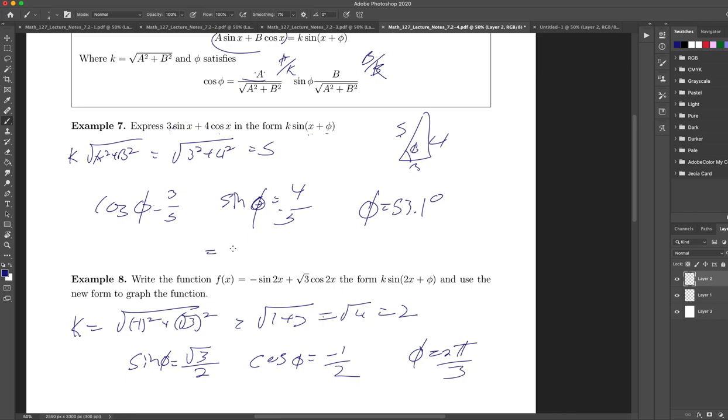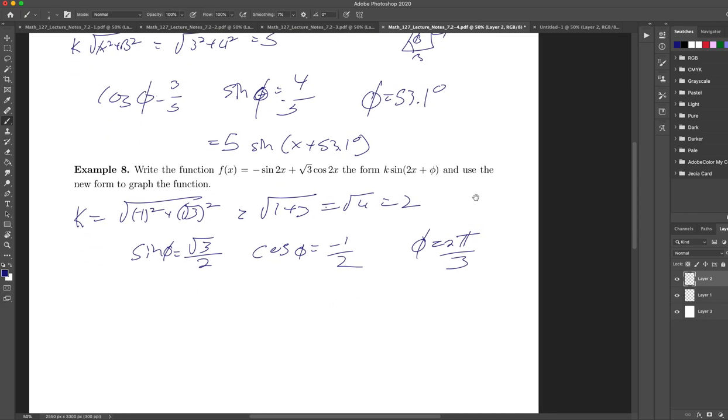So this is equal to 5 sine of x plus 53.1 degrees. Here we're going to do this one in radians. And so all this is equal to 2, because that's what my k is, sine of 2x plus 2 pi over 3.